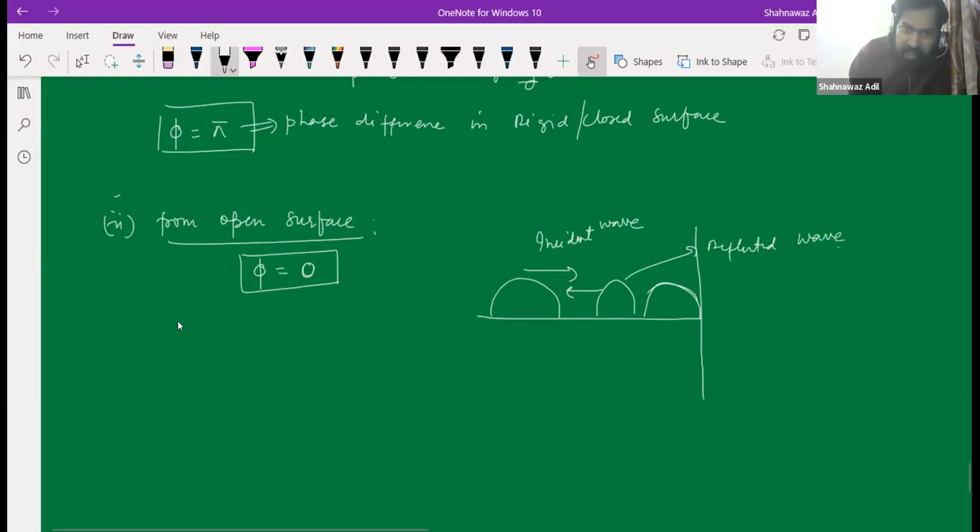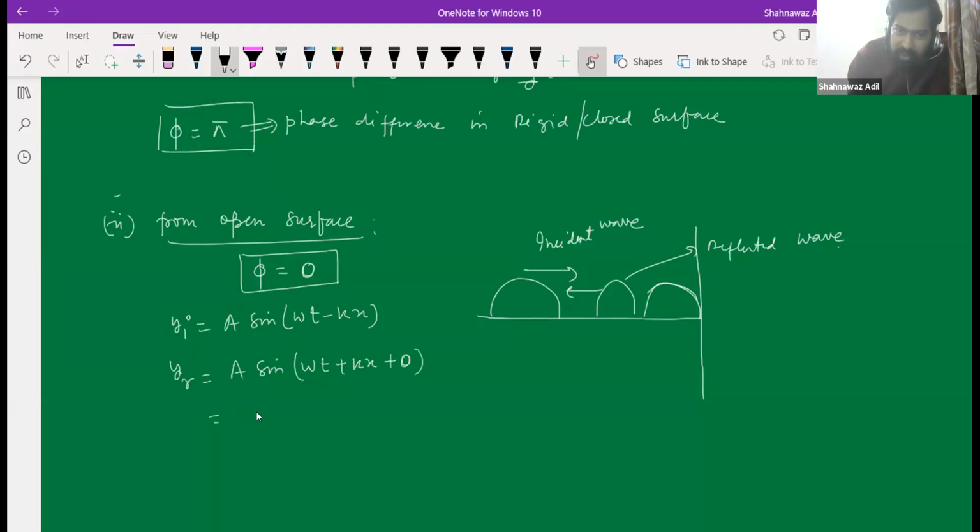So if y incident is A sine omega t minus kx, then y reflected would be simply A sine, and only the propagation is changing. So this would be simply plus kx, and the phase difference would be zero.